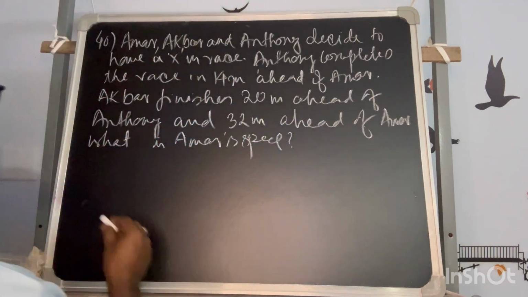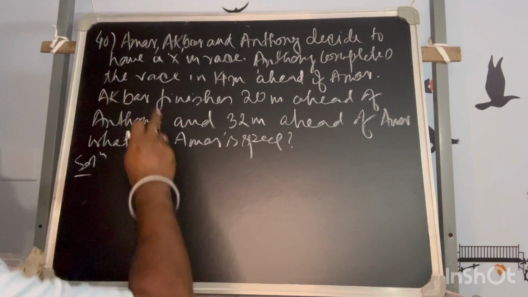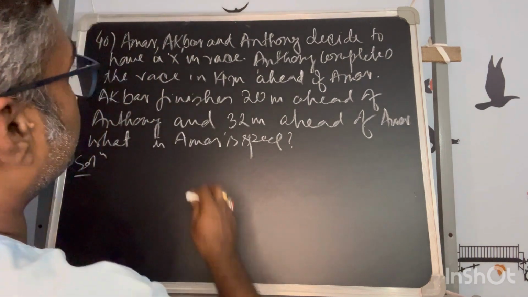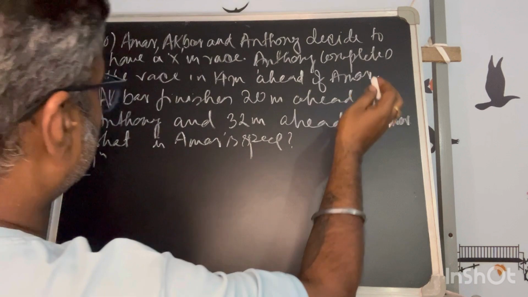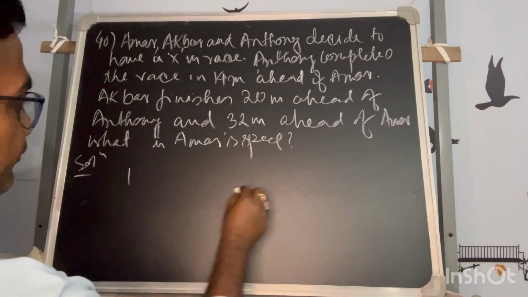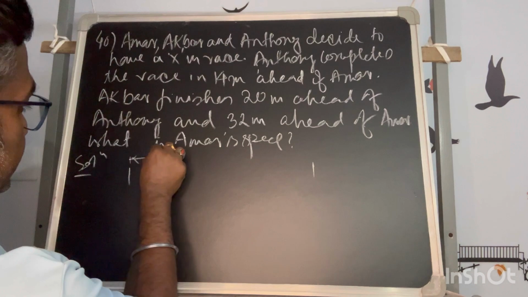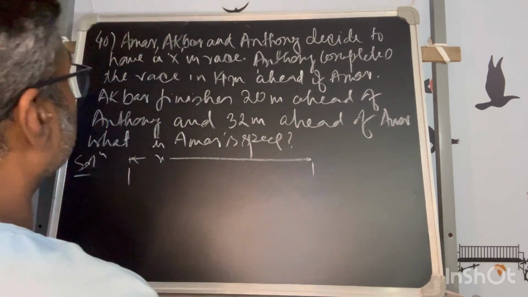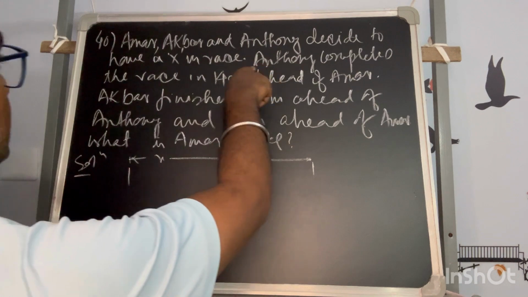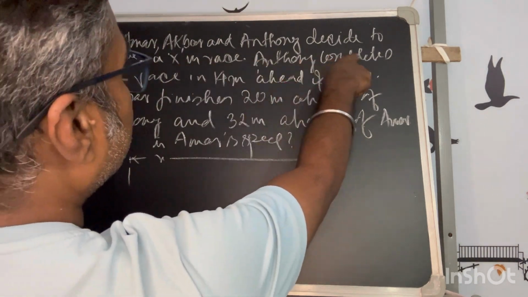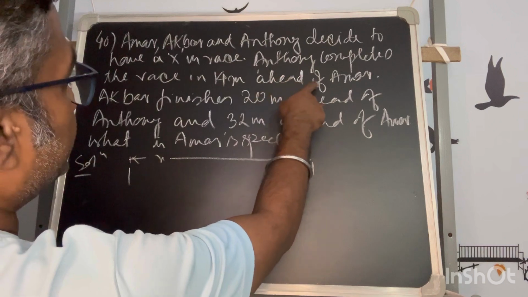Okay, so now let's say they are having an X meter race, so all have to cover a fixed distance of X. Let's say this is the position and the distance from here to here is X. Now the first case: Anthony completes the race 14 meter ahead of Amar.